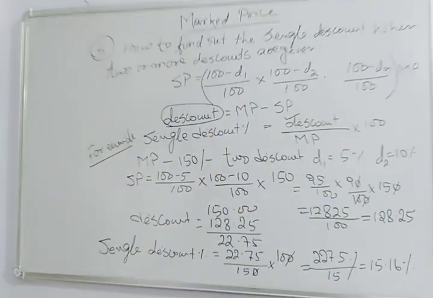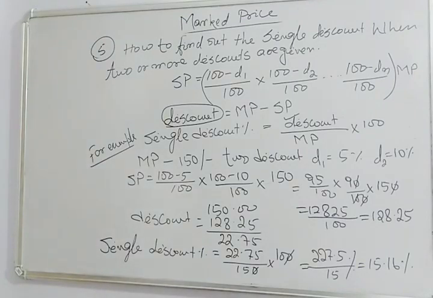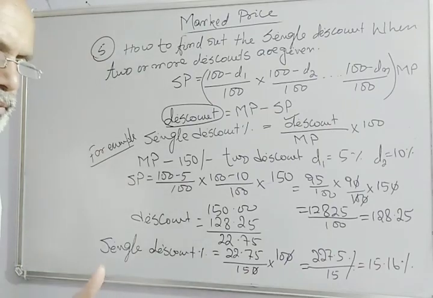So in this way, if two discounts are given, we can find out the single discount by the above formula in this process.